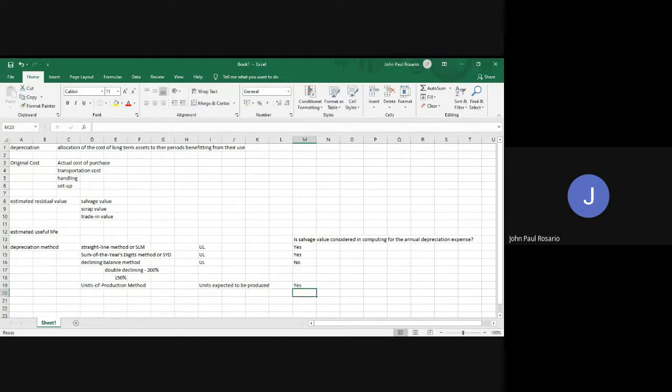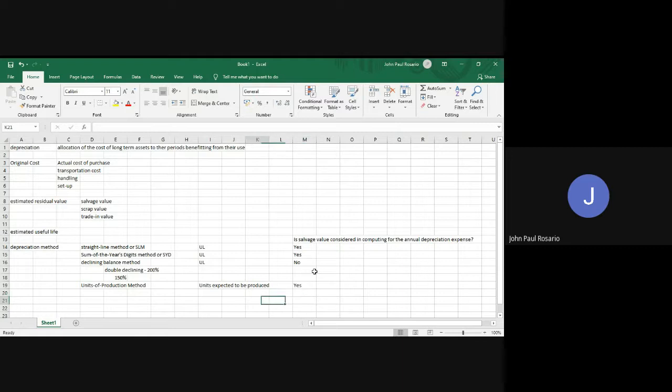So you always have to remember that when using the declining balance method, your salvage value will not be considered during the calculation, but it will be considered when determining the last year's depreciation expense. Okay, and then what else is there to remember? I think that's just it.